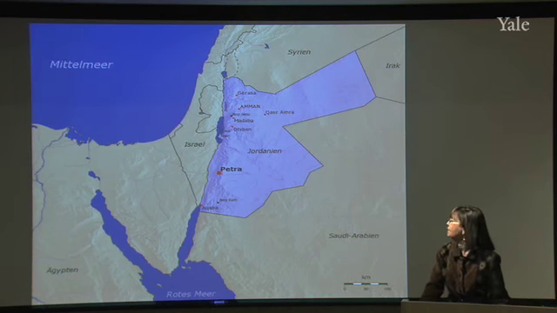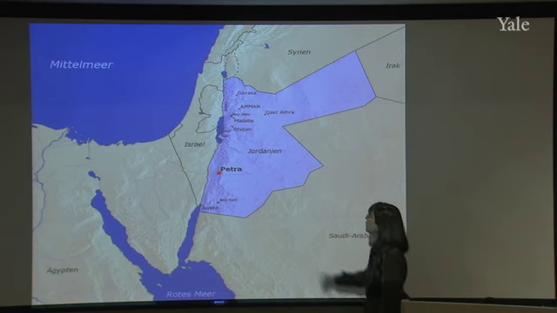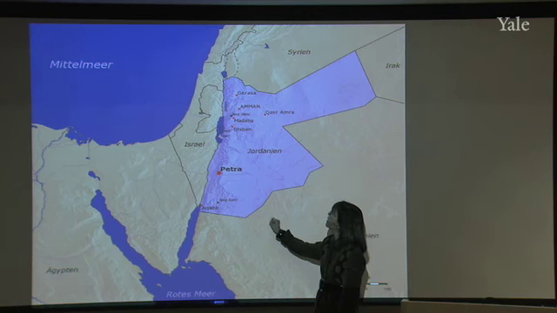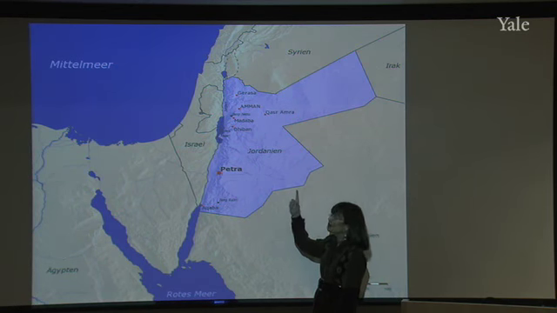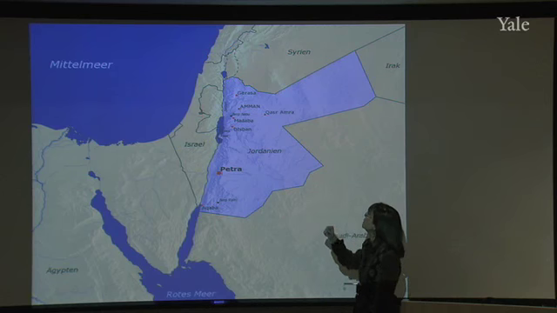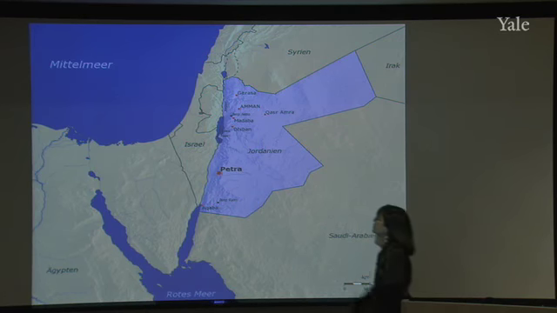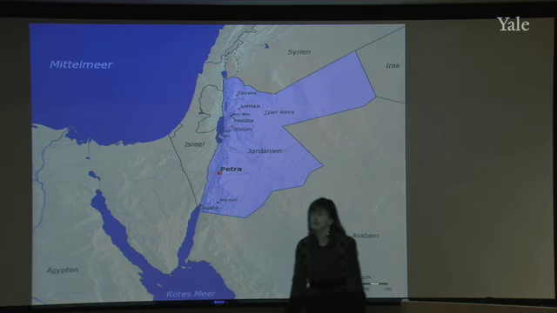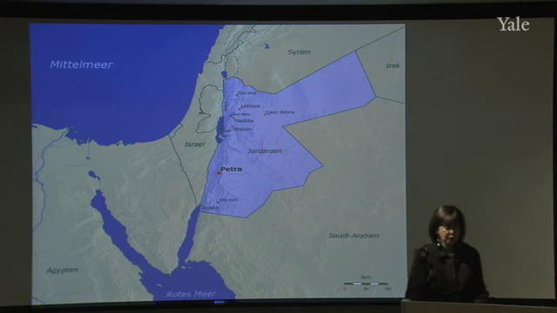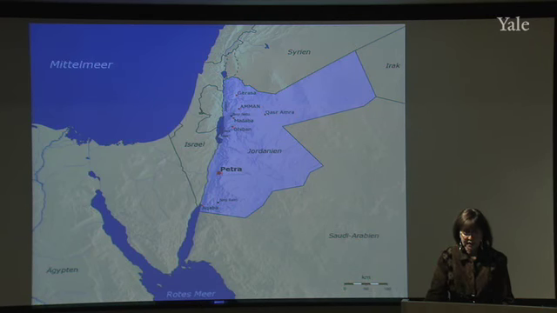Here's another map of Petra, just to show you where it is located today within Jordan, its relationship to Amman and to the ancient site of Gerasa, fairly close to the Israeli border, as well as to Aqaba down below.